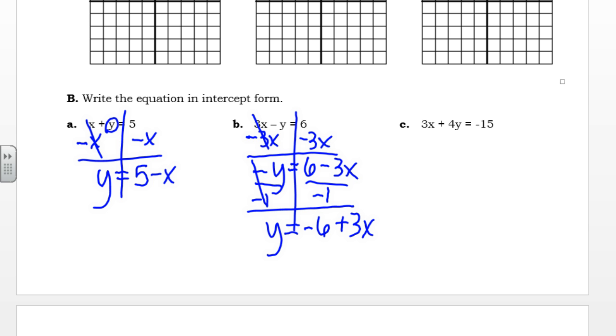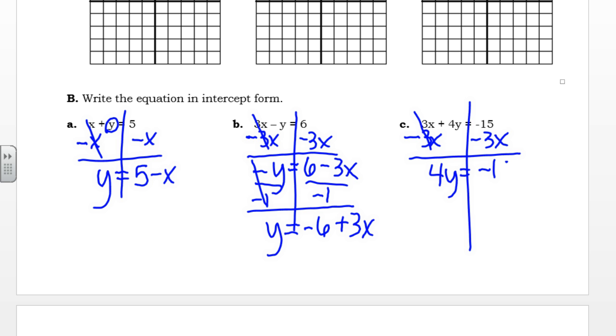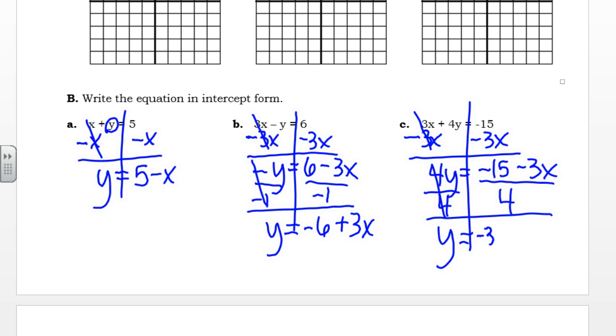plus 3x. And the last one, we're going to bring the 3x over. These are not like terms, so the 15 and the 3 stay separate. And then when we divide by everything, y equals negative 15 over 4 would be negative 3.75.